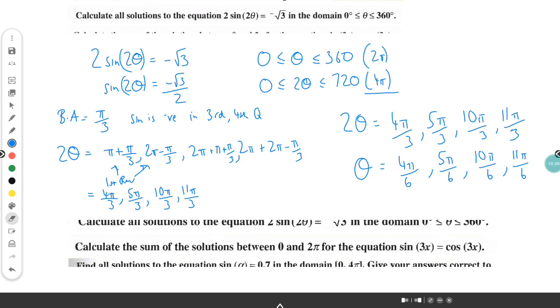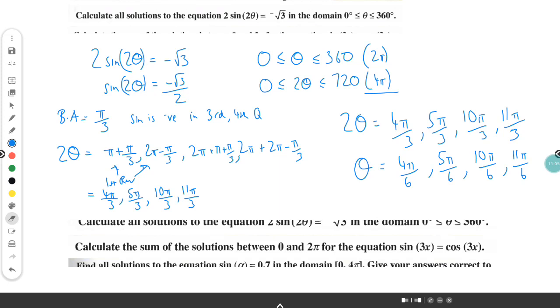Now, I said I'd come back to it. Why did I double the domain? Why did I do that? What's happened at the end? Yeah, okay. So by doubling the domain, do you agree with me that all of those are between 0 and 2 pi?